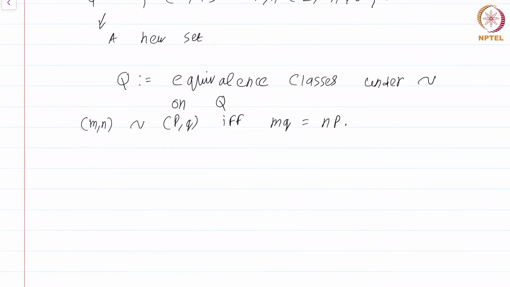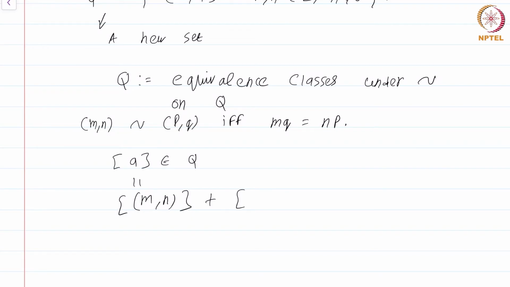So what needs to be done now is to equip this collection of equivalence classes with an addition and a multiplication. And how you do it is with what is known as a representative. So given any equivalence class, let's say A in Q, it can be represented as the square bracket of (m, n), where (m, n) is some ordered pair of integers with n not equal to 0.